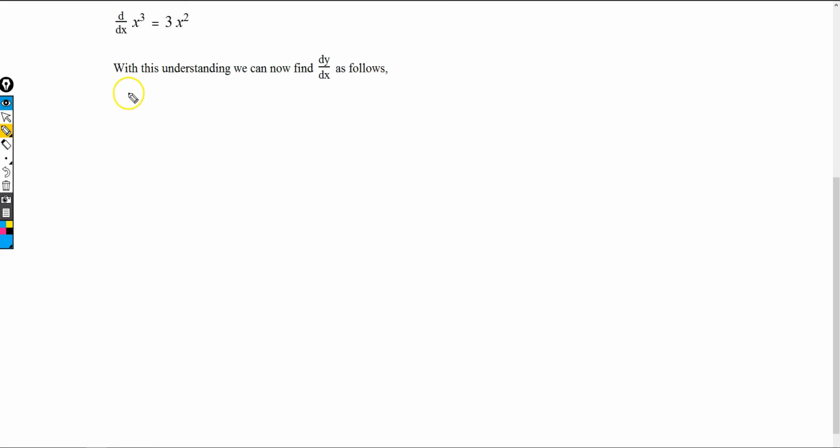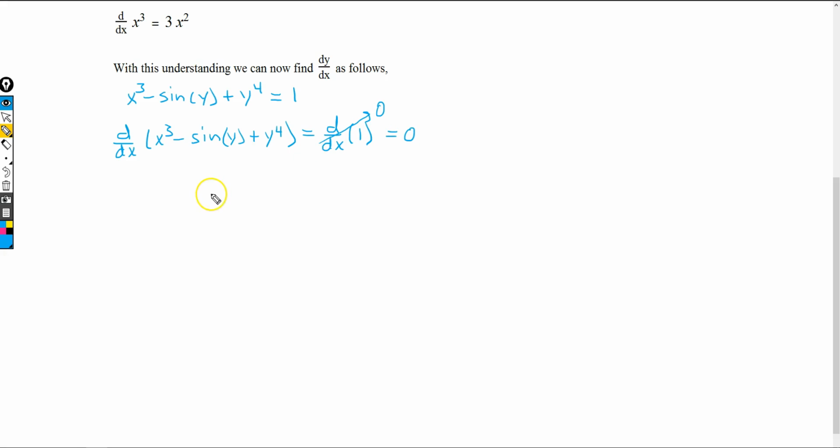So we're going to start with the equation, and we're going to simply differentiate both sides with respect to x. Now this side, of course, is 0, so this will equal 0 here, derivative of a constant.